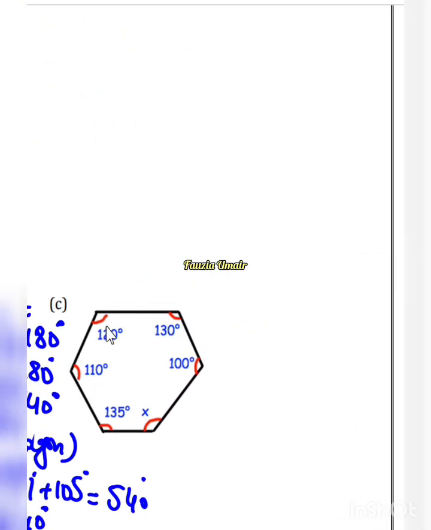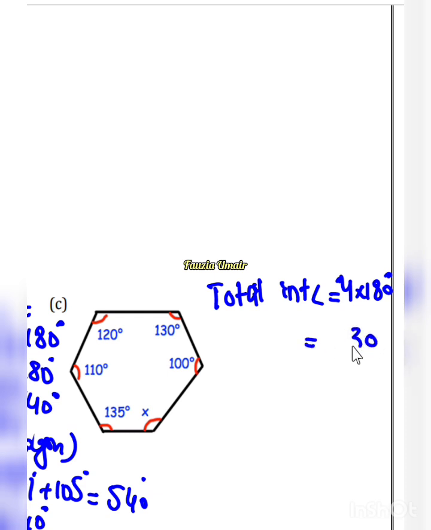C part is a 6 corner figure. So it means that the total interior angle would be 6 minus 2, so it would be 4 into 180 degrees. If I calculate this, it is 720 degrees.